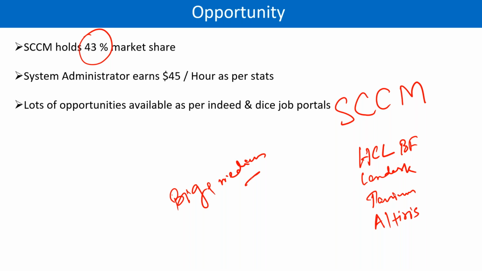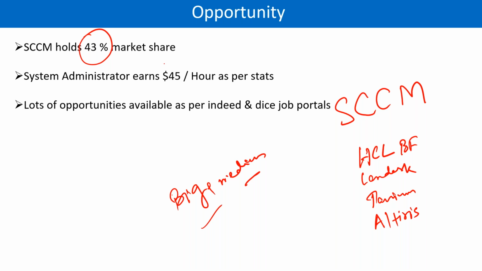You may not find it in small companies. It is hugely deployed all over the globe, and competitors are way behind SCCM.